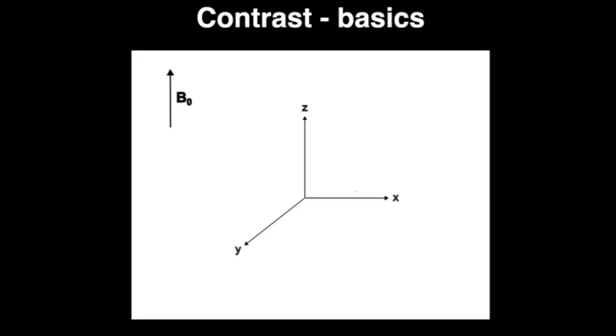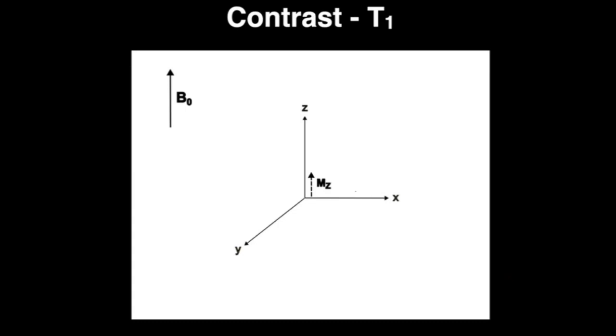Let's again go back to this frame of reference where we're looking at the magnet along the z-axis. When we put our sample in that we want to image, we have a magnetization in the tissue that's parallel to that. It's excited with some RF, tipped down perpendicular to the main field so we can detect it.